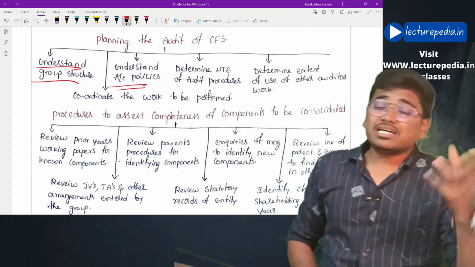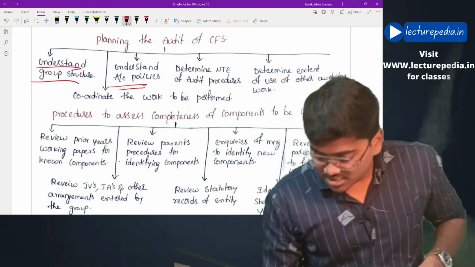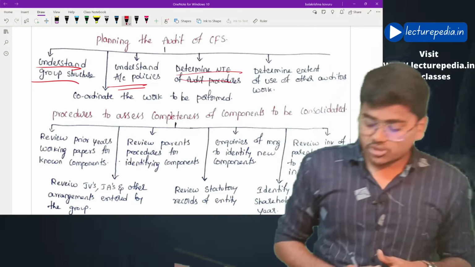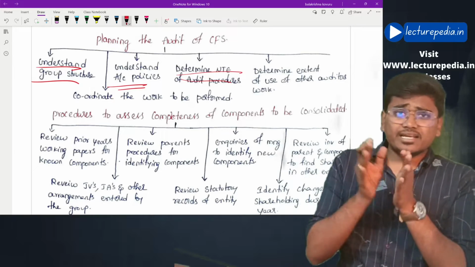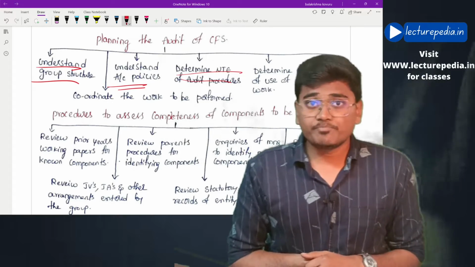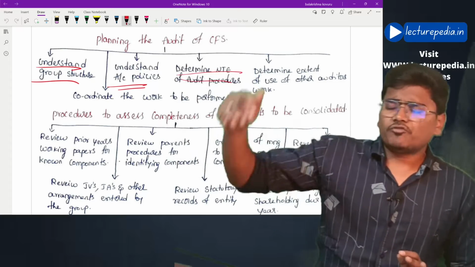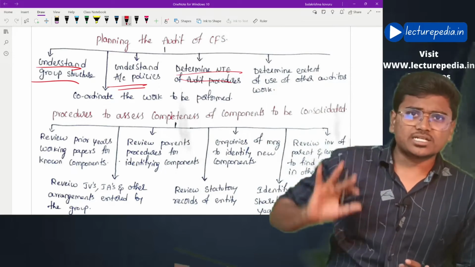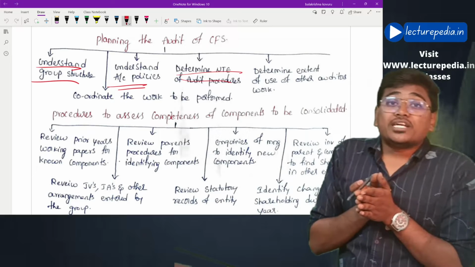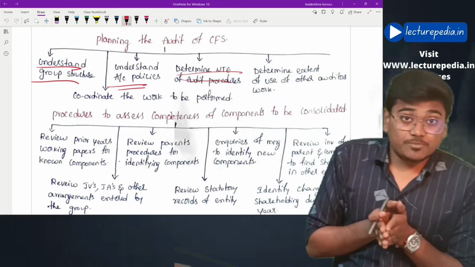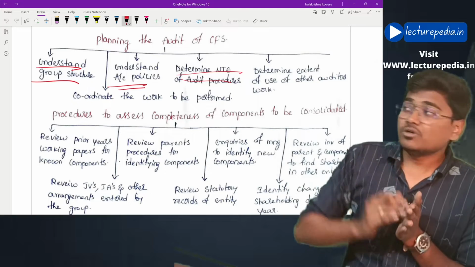Next, he will determine the nature, timing, extent of audit procedures that have to be performed by the auditor. Next, in case of consolidated financial statements, if the financial statements of group subsidiaries, associates or components are audited by some other auditor, then the auditor of consolidated financial statements will have to rely on or take the help of that other auditor.